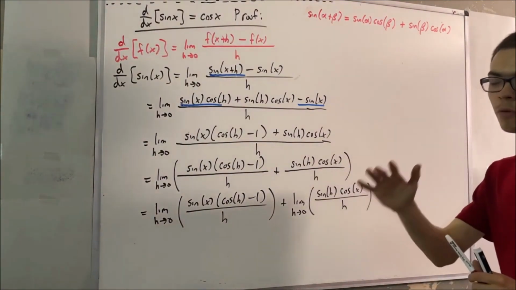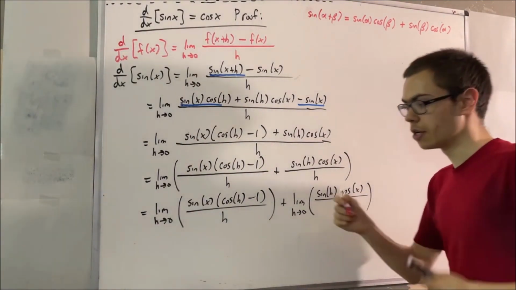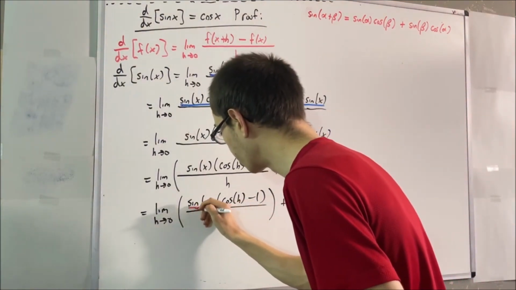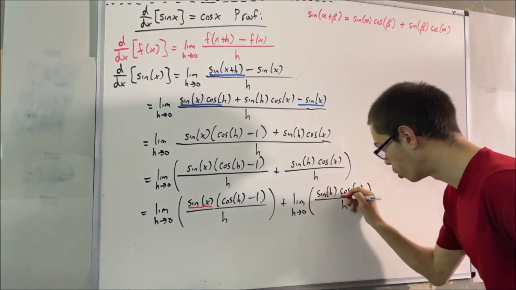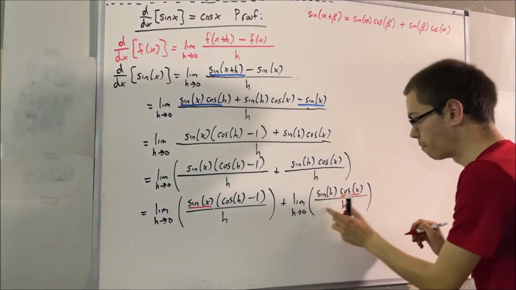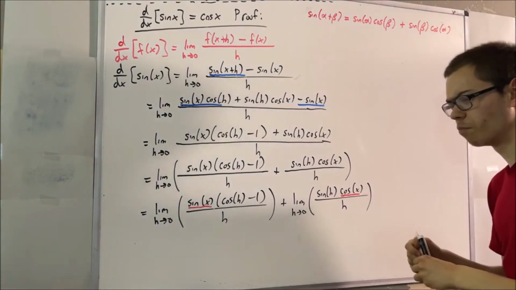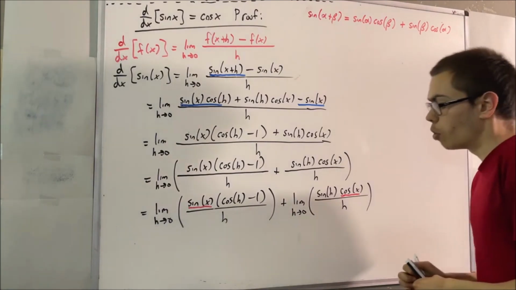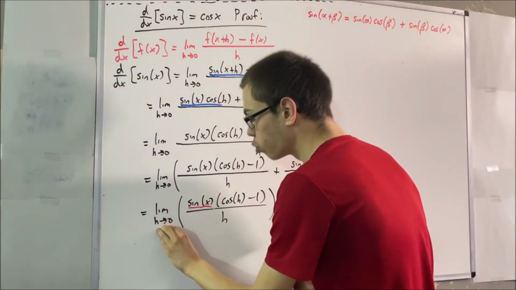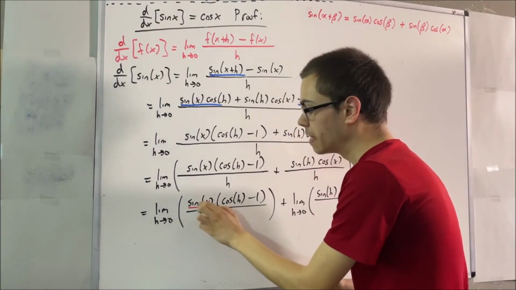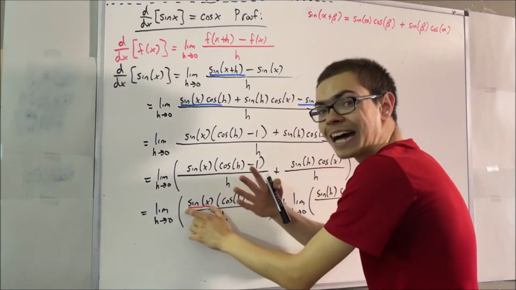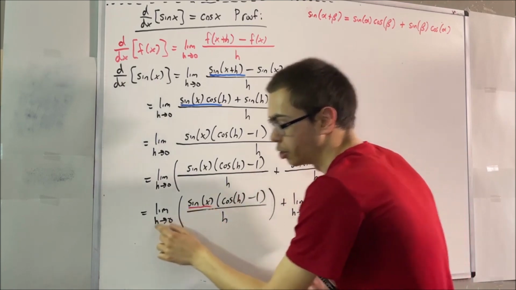So the next thing that we're about to do may seem a little weird, but what we're going to do is we're going to pull out the sine x from this limit, and we're going to pull the cosine of x from this limit. But why can we do that? Well, because as h approaches 0, nothing happens to x. Therefore, sine of x is treated as a constant with respect to h approaching 0.